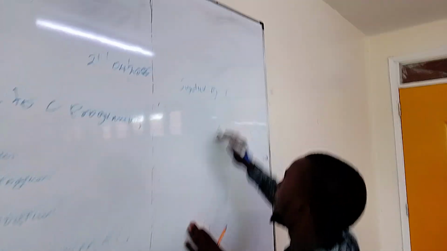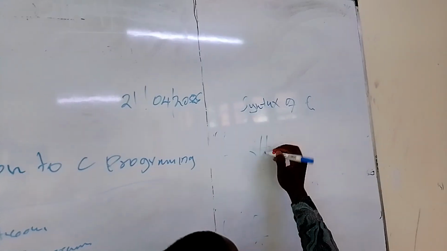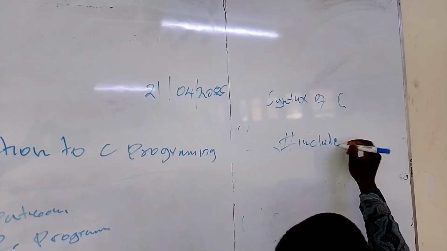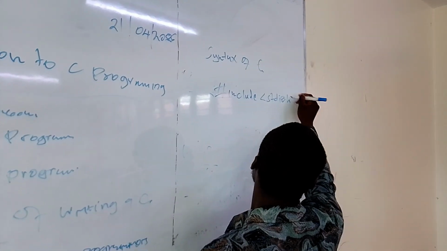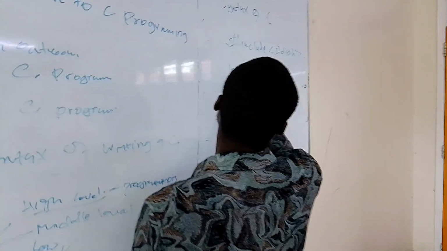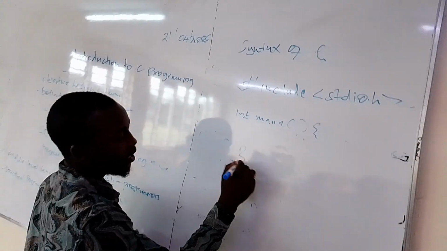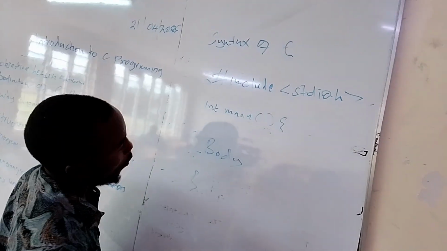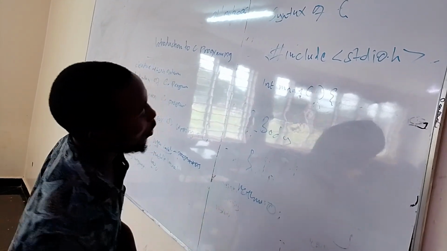Our structure for writing the C. We start by first calling the hashtag include stdio.h, and then we start our int main, and then here is our body, and then we return 0.